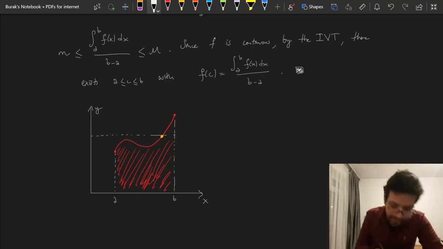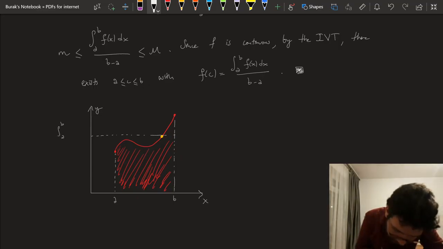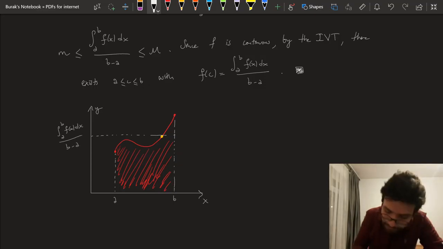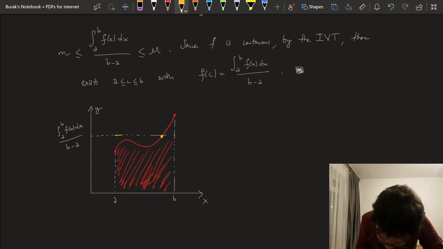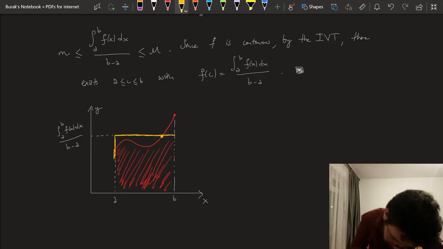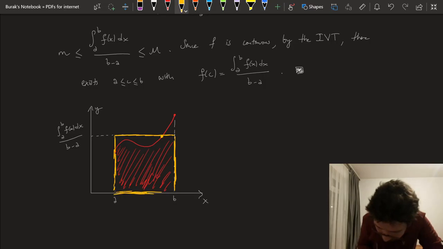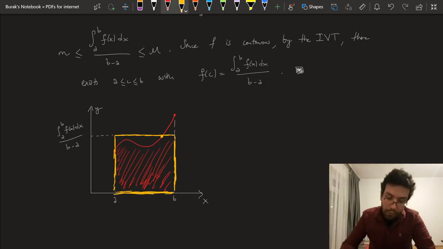Now, let me write that down. Pretend that this is that. Now, if I were to draw a rectangle, what would its area be?